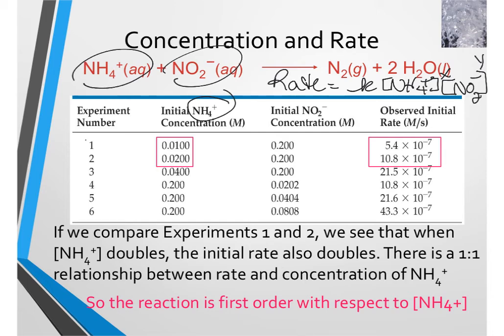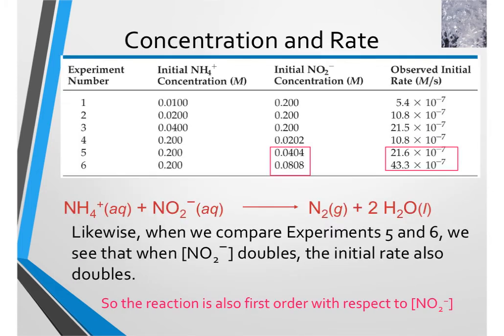If we compare experiments 1 and 2, we can see that concentration of ammonium ion doubled. What happened to the rate? You have to remember to make sure the other one stays constant, which it does. The rate also doubled. So that tells us that it is first order with respect to the ammonium ion. And now let's look at the data for the nitrite ion.